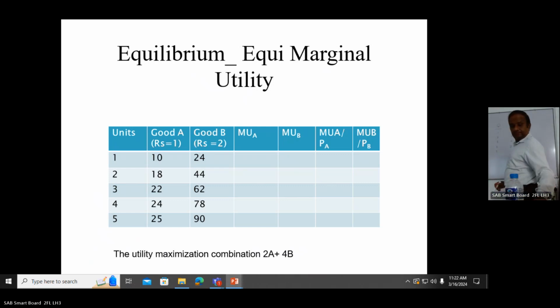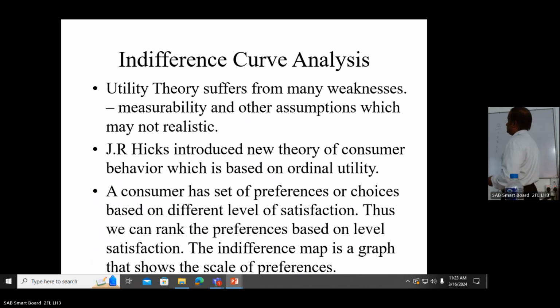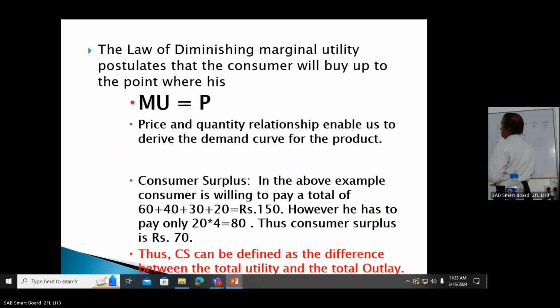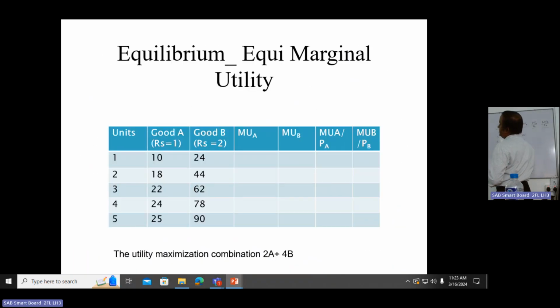Then we need to calculate the marginal utility of money expenditure for X. The price of product A is 1 rupee and the price of product B is 2 rupees.